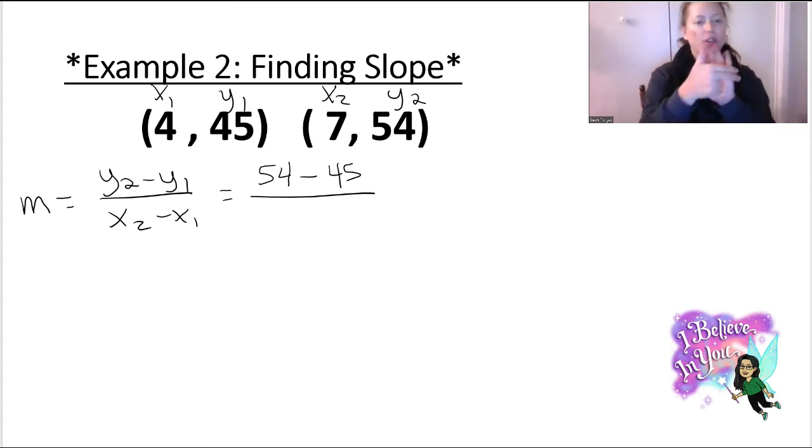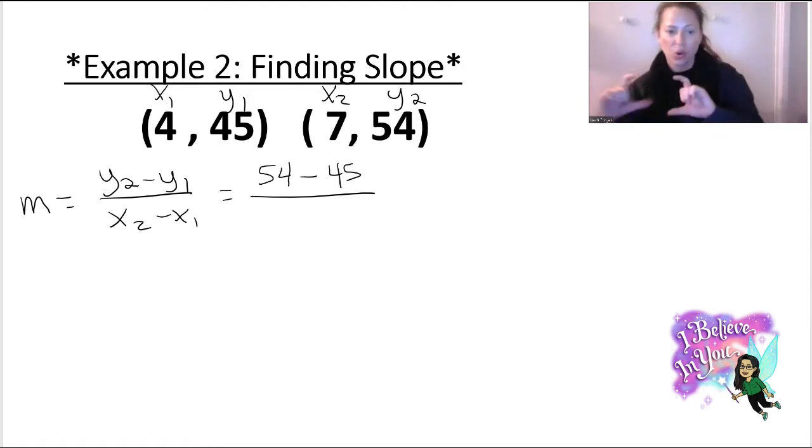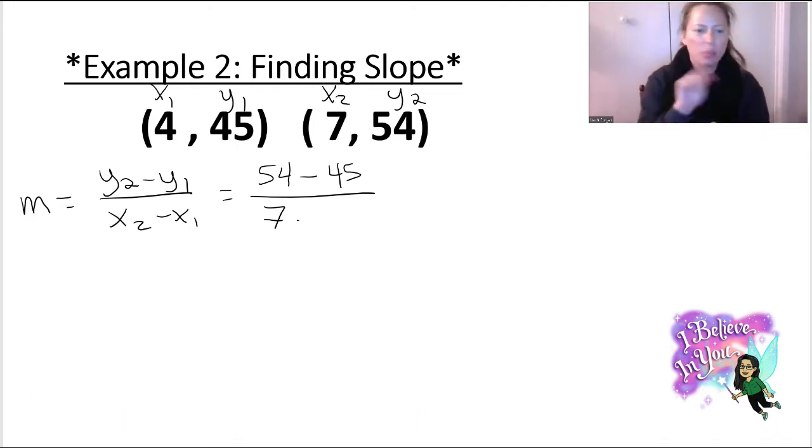Please label those coordinates with the x1, y1, x2, y2, so that you don't put the wrong number in the wrong spot. Okay, so then I'm going to do x2, which is 7, minus x1, which is 4. Yeah, and I'm going to keep going.